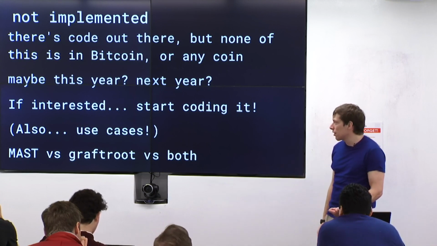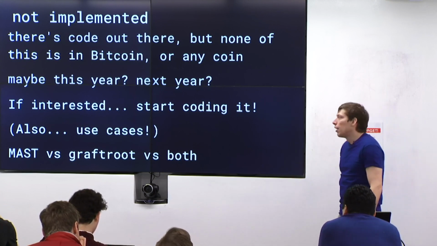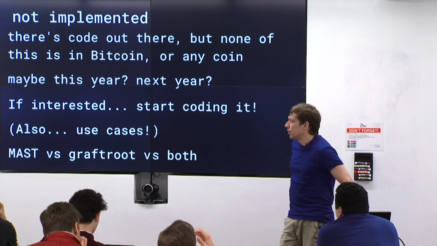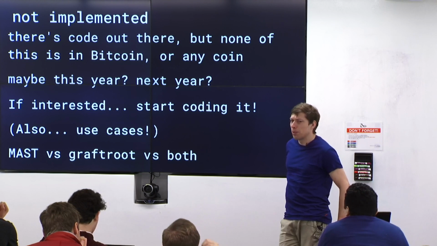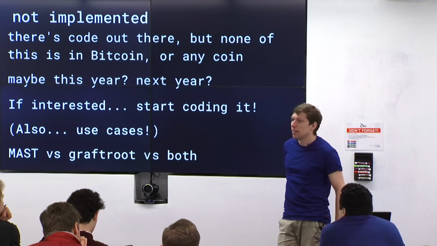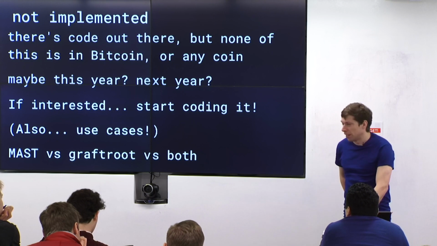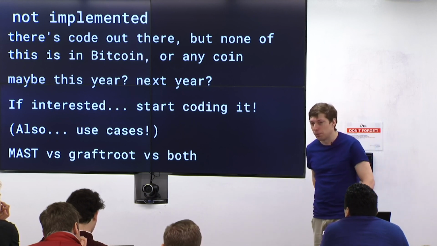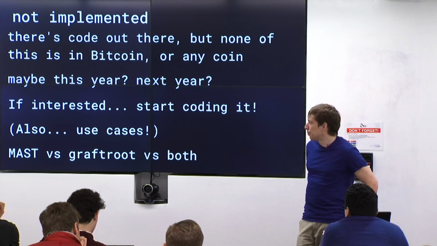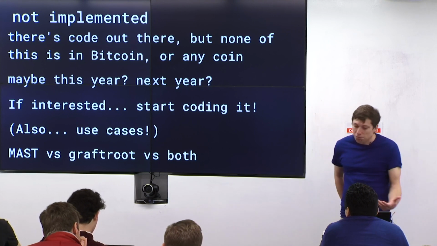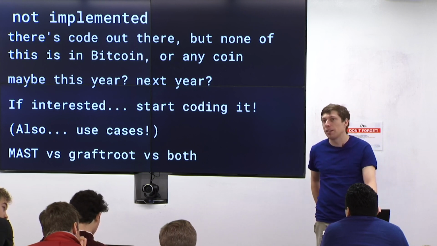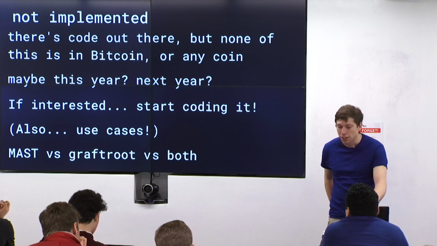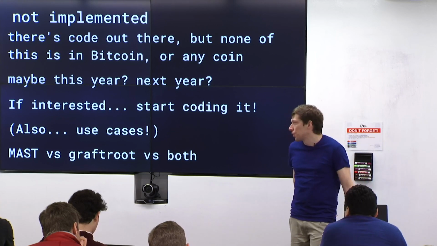So if people are interested in this stuff, start coding it, start trying it out, come up with cool use cases, and maybe push for one thing or another to get in. There's a pull request open in Bitcoin right now for MAST. I know some people are really into it, and other people are like, I don't know. Also, how to implement MAST exactly. So this is still research level, but it seems that they're usable and that may improve smart contract functionality. So, I don't know, cool stuff here.